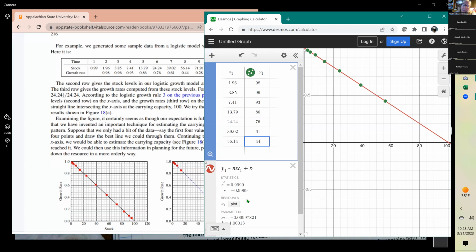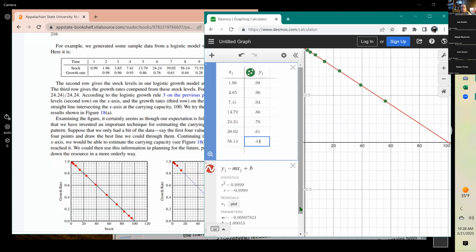Notice the r squared got even closer to 1. So r squared, the closer it is to 1, the stronger the relationship between the points. The closer to 0, the weaker the relationship. And this got even closer to 1.